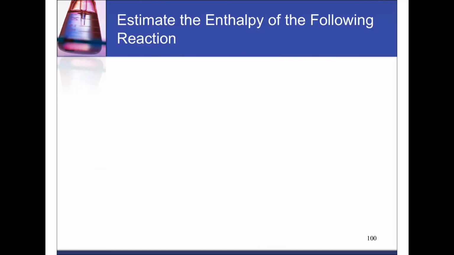Okay, so now I want to put these numbers together. What we're going to do is look at a reaction, and we are going to look at the bonds. We are going to find the bond energies, and we're going to use that information to find the delta H of a reaction.